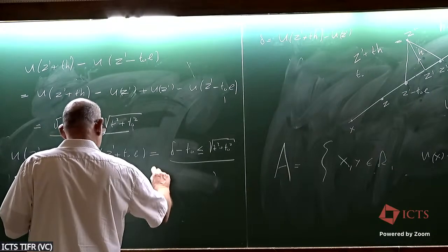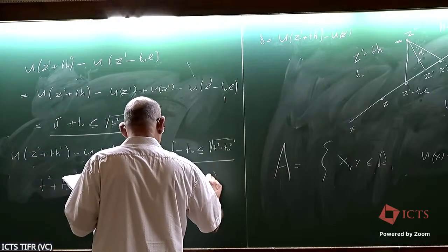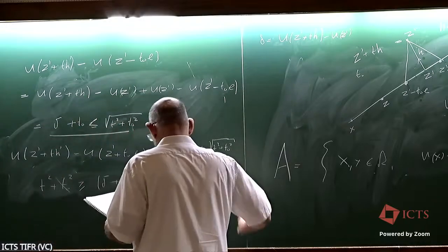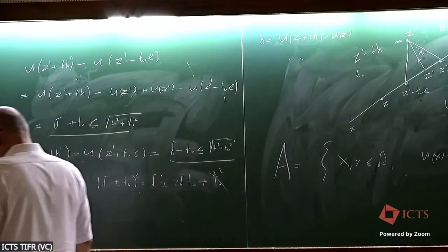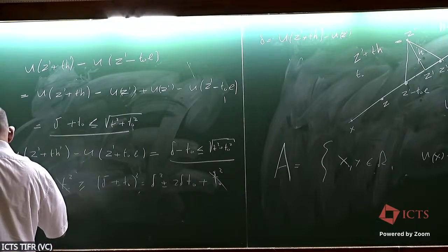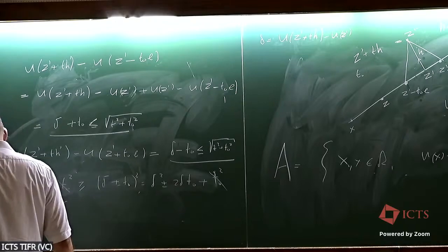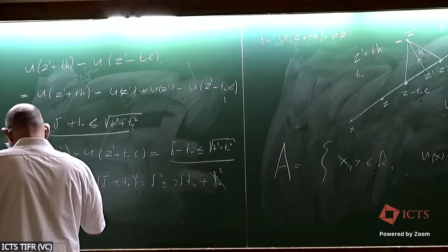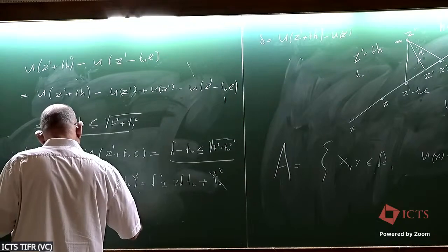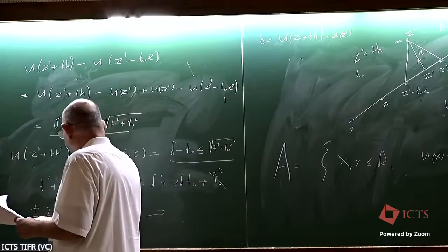So this is delta squared plus or minus 2 delta t0 plus t0 squared. We cancel t0 squared on both sides, and what we get is that plus or minus 2 t0 delta is smaller or equal than t squared minus delta squared, which is smaller or equal than t squared. So this is true for both plus and minus.